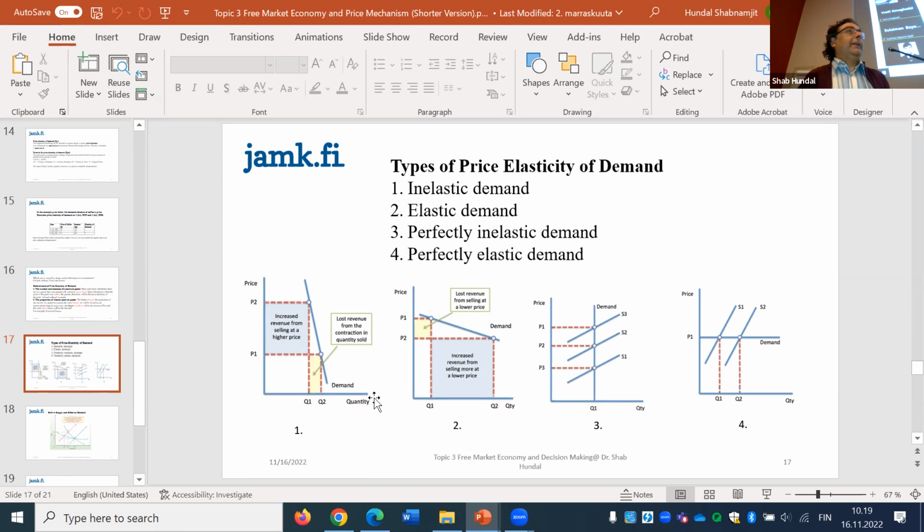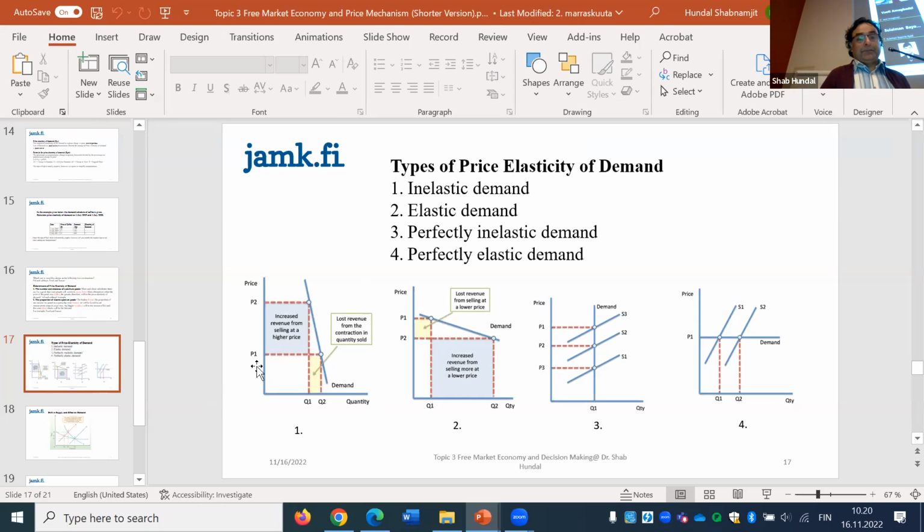And this is very normal, right? We always know that the demand curve is downward sloping because there is an inverse relationship between price and demand. But do you see that the slope of both demand curves are same? Are they looking same, this and this?